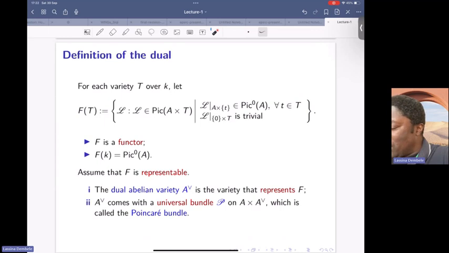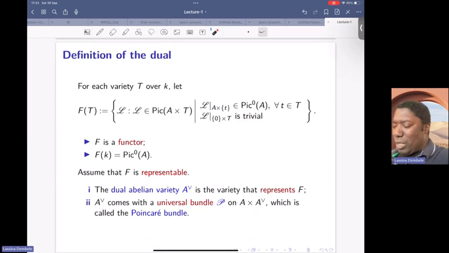The first condition is that when I restrict L to A cross {t} for any point t in T, then I get a line bundle in Pic 0 of A. The second condition says that if I restrict L to {0} cross T, then I get a line bundle which is trivial. One can easily show that this is a functor. And if you look at the K-points of this functor, then you recover Pic 0 of A.